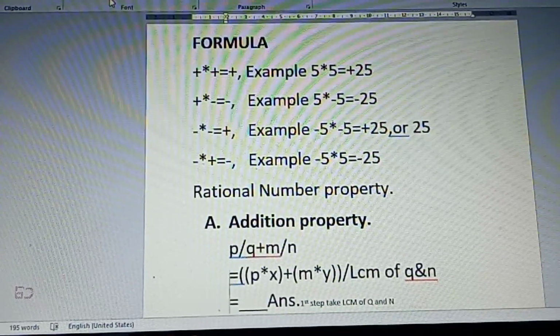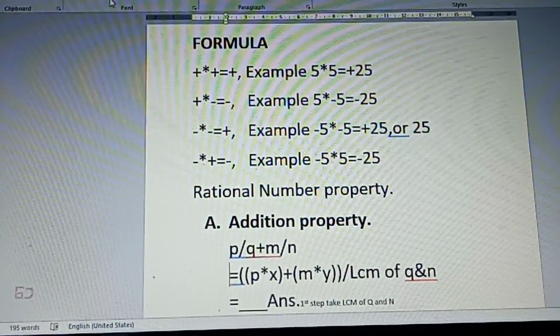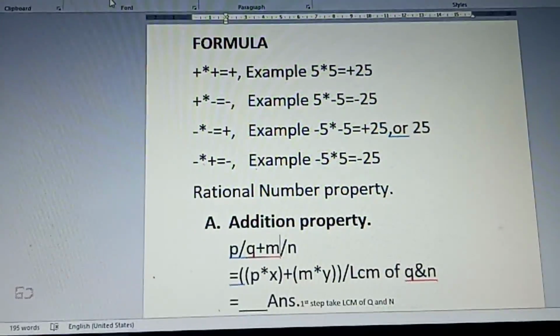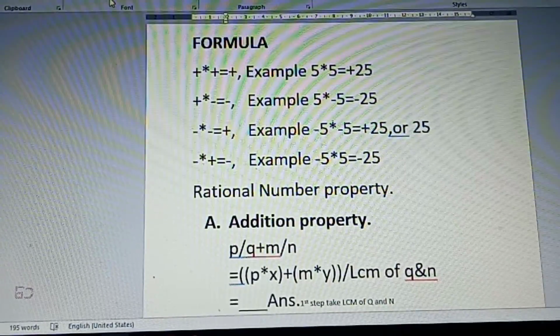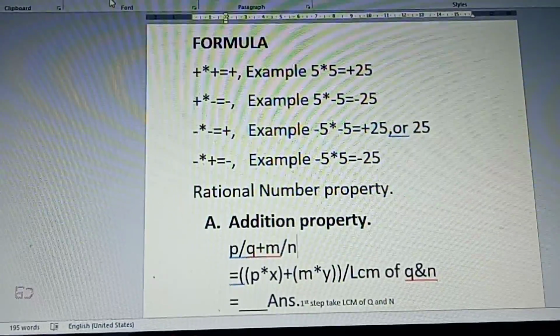However many questions come, if you review my concept, you can easily solve all kinds of addition, subtraction, multiplication and division property questions.